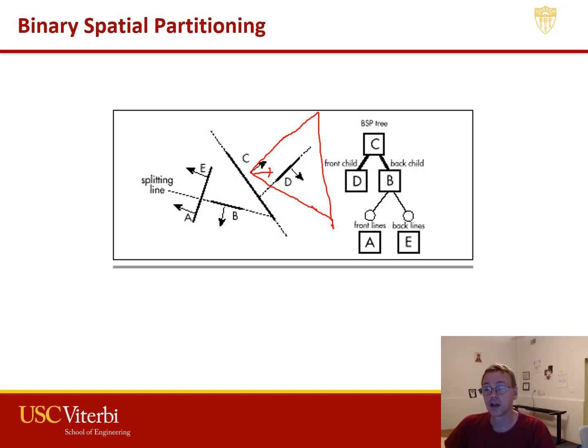Because of that, this whole branch of the tree can be rejected instantly. And instead, we will just go down here and start seeing, as we subdivide, whether there are any subplanes in here that we can cut off. Okay, so that is binary spatial partitioning, or BSP.